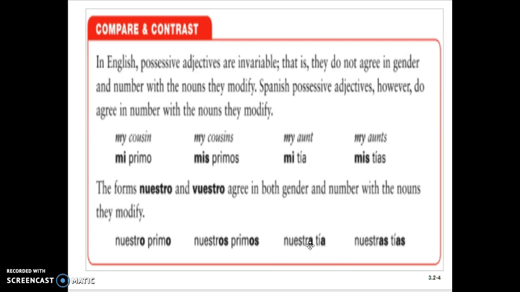Also then, if it were to become feminine, I have to change that O to A. But that's only for nuestro. So mark down that nuestro is weird like that. Nothing else is weird except for vuestro, which you most likely won't be using. Then another example up here I have with mi primo, mis primos. When the item that's owned is plural, then I have to make my possessive adjective plural.